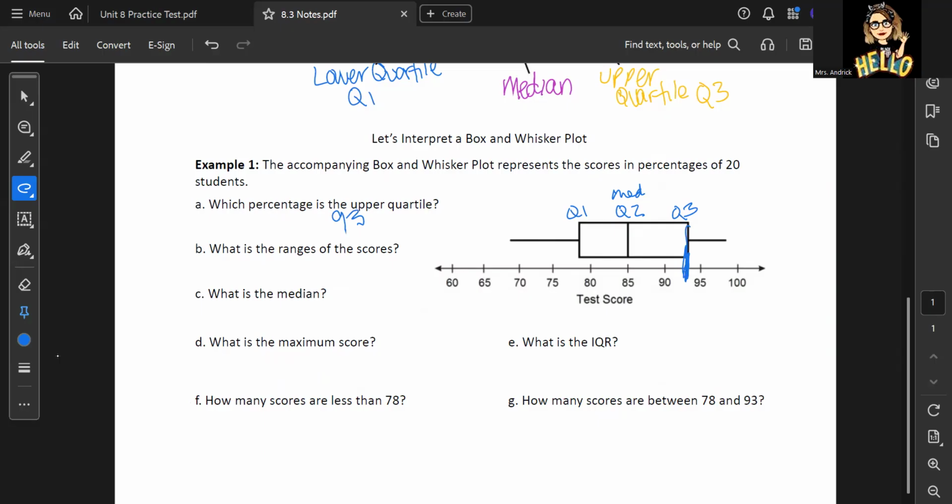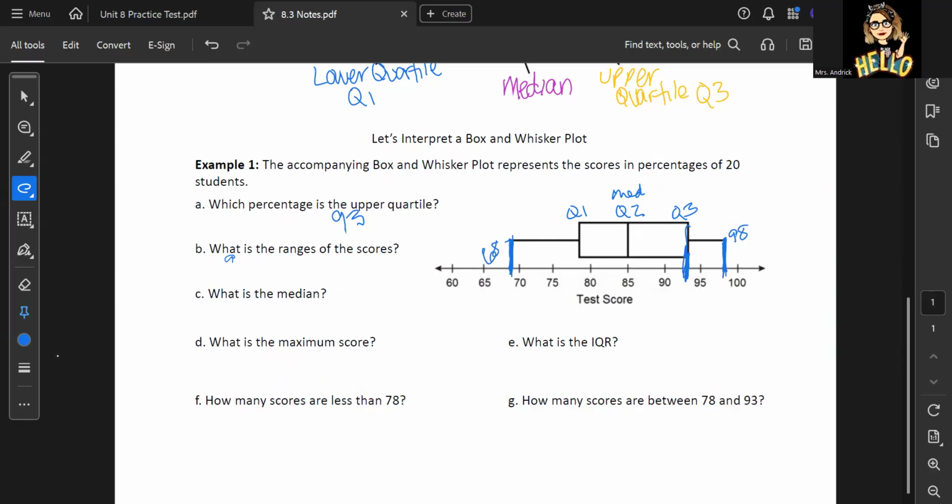What is the range of the scores overall? The range, remember, is big minus small. So we're going to do our maximum, which looks like 98, and our minimum, which looks like about 68.